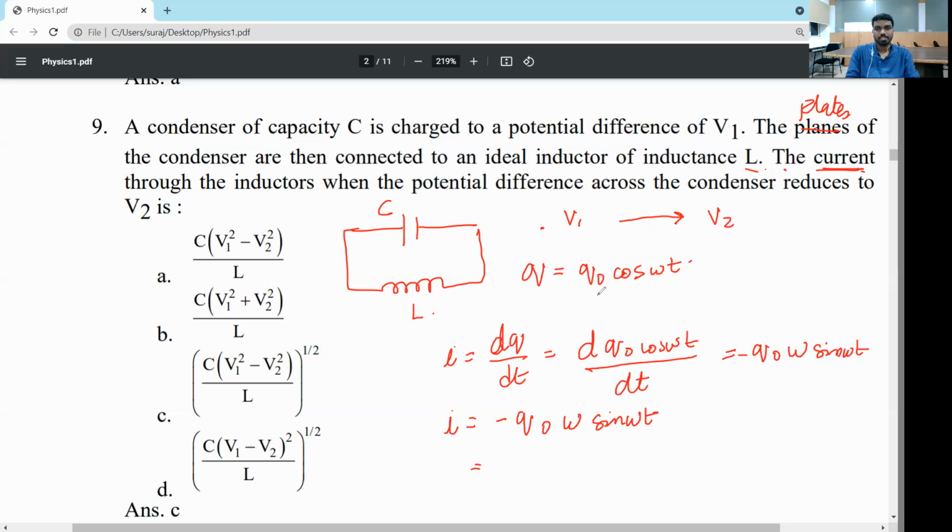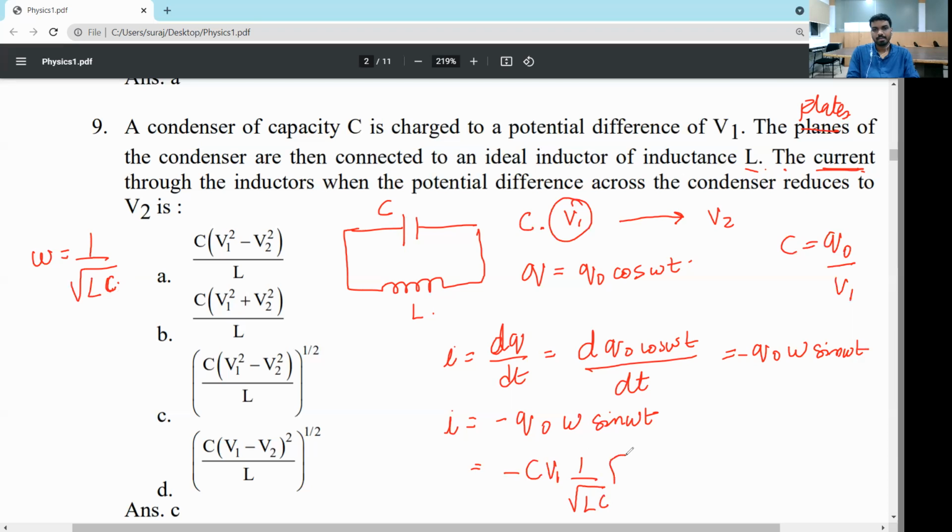Now Q naught is what? Initial potential is V1, capacitance is C, so C is equal to Q by V. So Q naught will be C times V1 omega. In LC oscillations, omega is equal to 1 by root over LC.